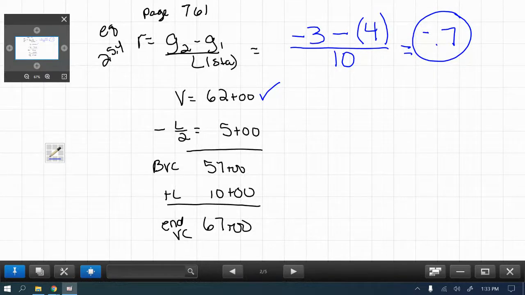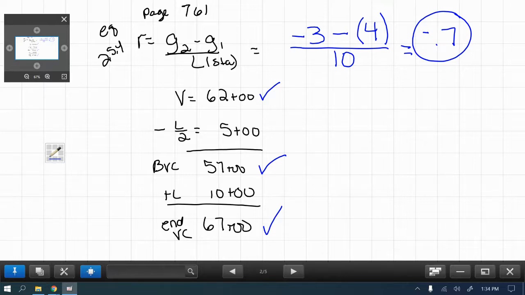Well, L was 1,000 feet, so divided by 2 would be 500, or 5. So the beginning vertical curve is 57 plus 00. And then to get the end vertical curve, it's plus L, and it'll give you 67 plus 00.